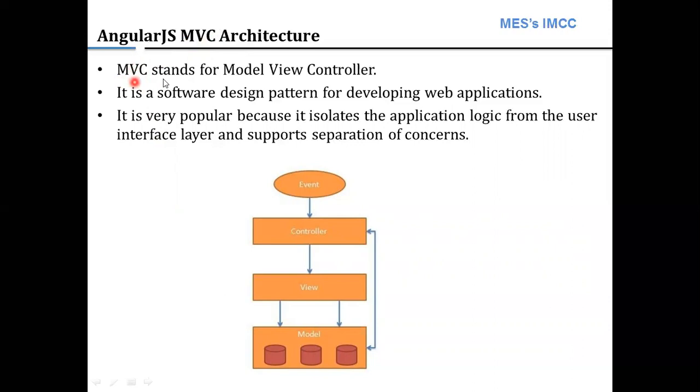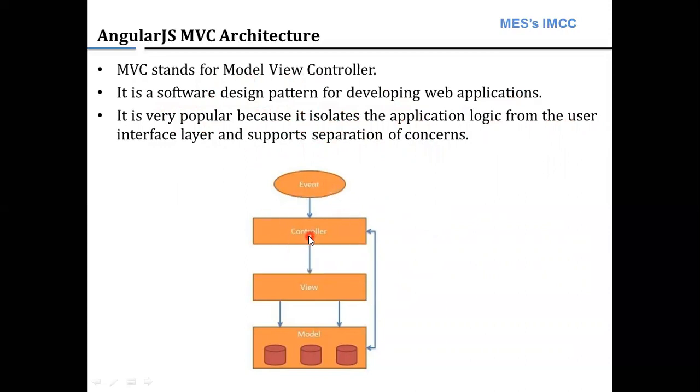What is MVC? MVC is Model View Controller. As I told you, it is a software design pattern for developing web applications. It is very popular because it isolates the application logic from the user interface layer and supports separation of concern. This is the diagram. These are the events.